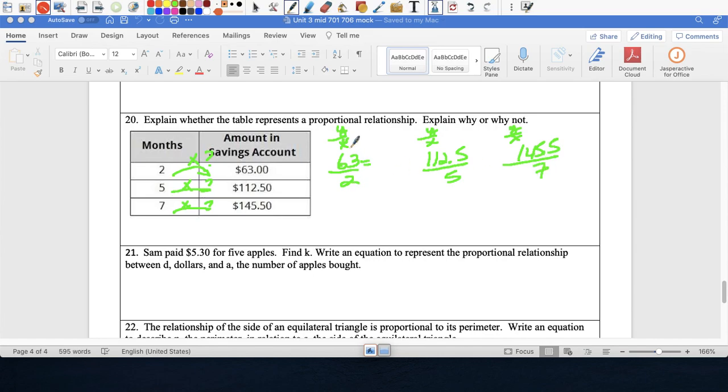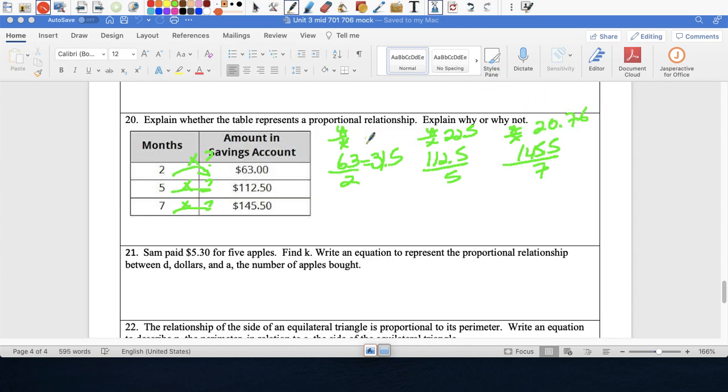63 divided by 2, that one is a little simpler. It's 31.5. 112.5 divided by 5 is 22.5. And then the last one, 145.5 divided by 7 is 20 point with some ugly decimal. Let's leave it like this.